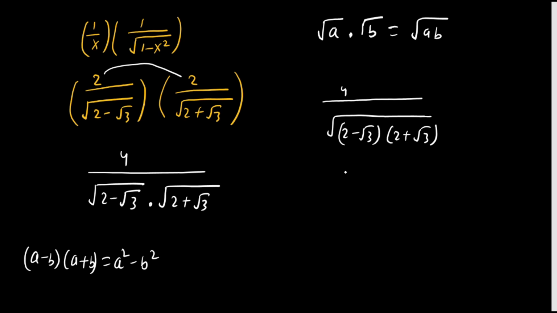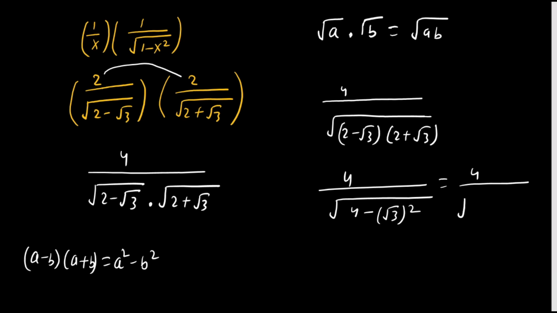If we apply this rule, then 4 over square root of 2 square, that is 4, minus square root of 3 square. Then 4 divided by square root of 4 minus, this square is cancelled by this square root, then 3.